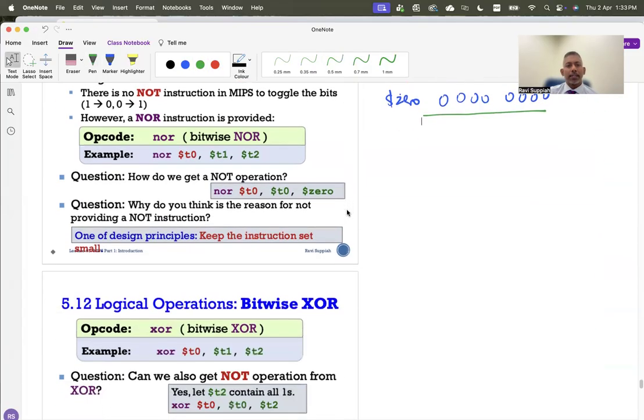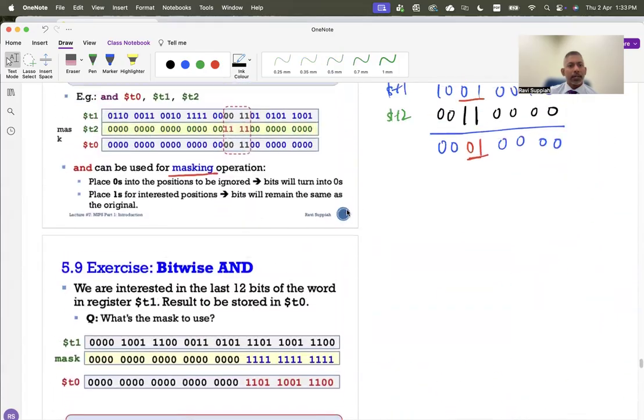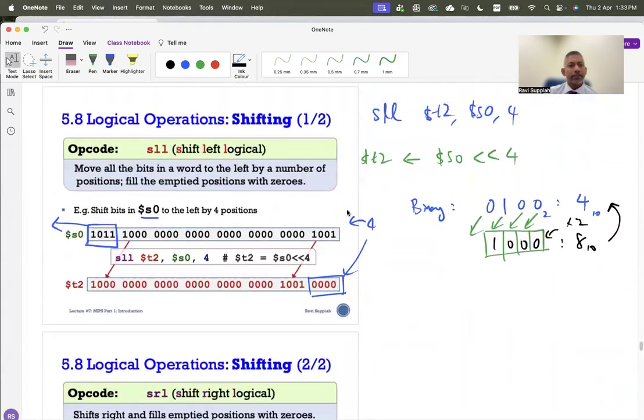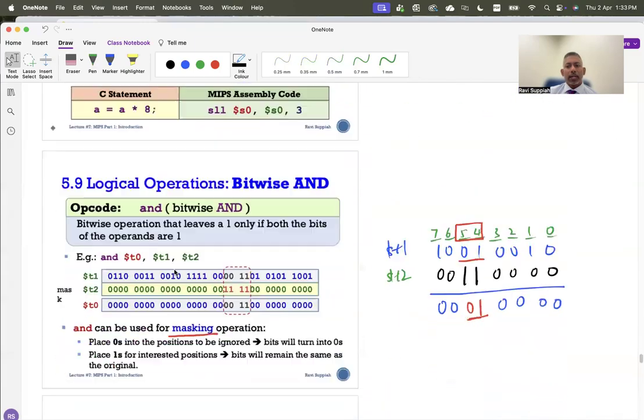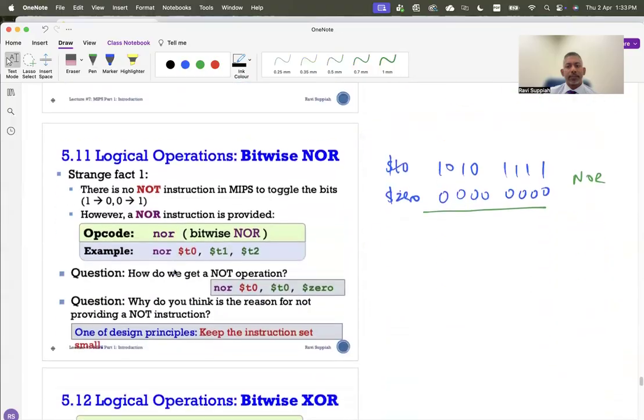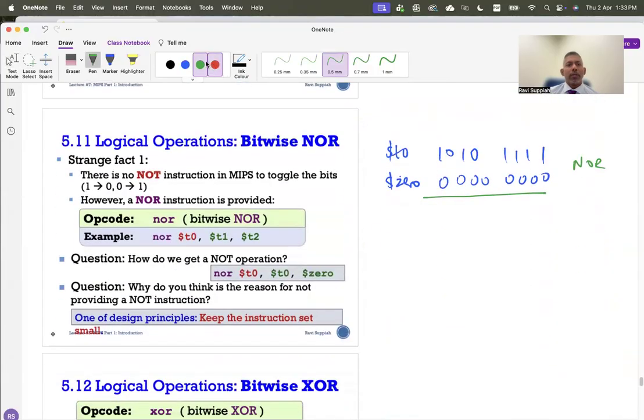A NOR operation means only if both inputs are 0, the output is a 1. If not, it is 0. So what happens here? Only if both inputs are 0, like in this case, the output is a 1. In all other cases, the output will be a 0.